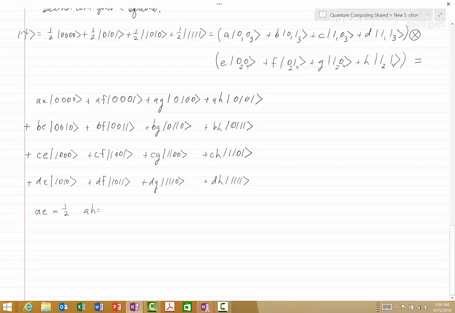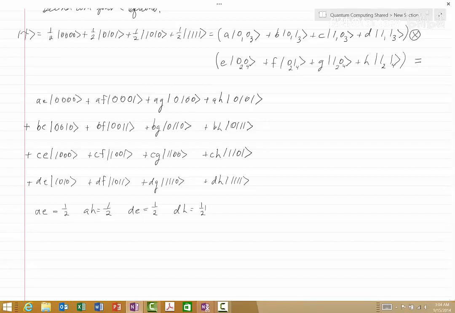AH equals 1/2. 1010 down here below is DE. DE equals 1/2. And finally, the 1111 term is DH. DH equals 1/2. So we conclude that of these 16 coefficients that we have here, these 4 must be all equal to 1/2, and all the others must be 0.